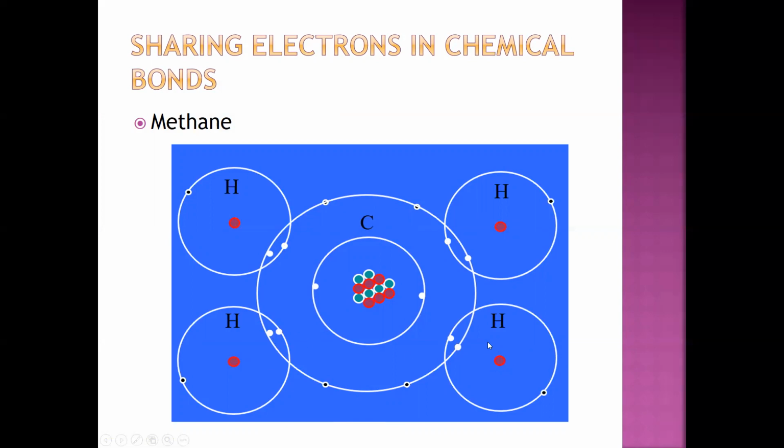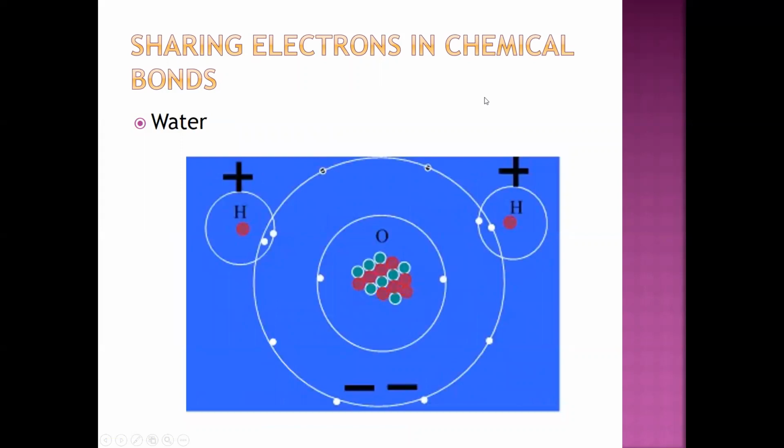And so several carbons might form a sugar. And so that's really the key to, we talked about carbon-based life. That's the key to carbon-based life. And so these are covalent bonds, which means that the orbitals are shared by both atoms. And that's how they bond.